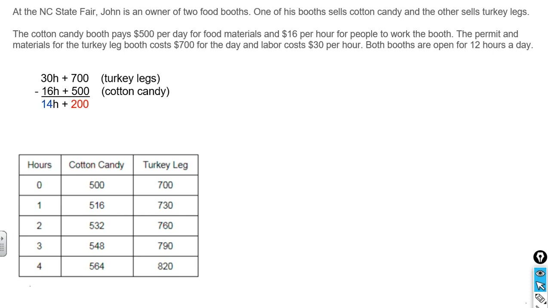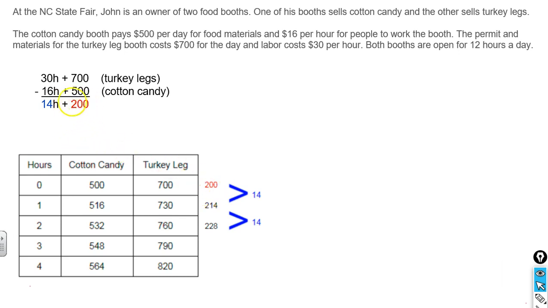When we look at this in the table, we see that the difference, if we look horizontally, for the daily cost at 0 hours worked for the cotton candy booth was 500, and for the turkey leg booth was 700. The difference between those two is $200.